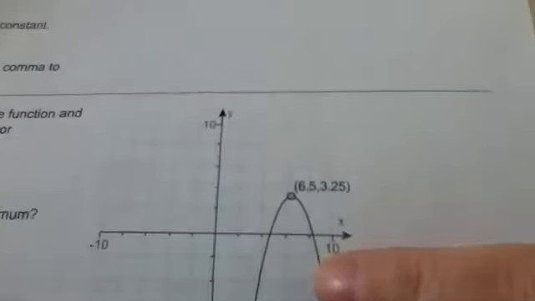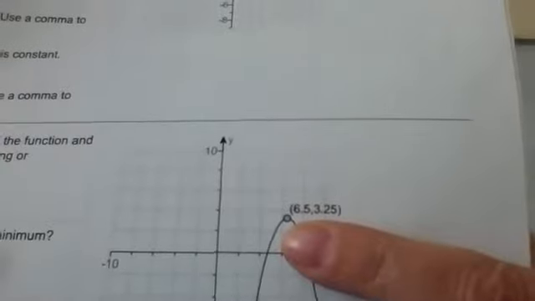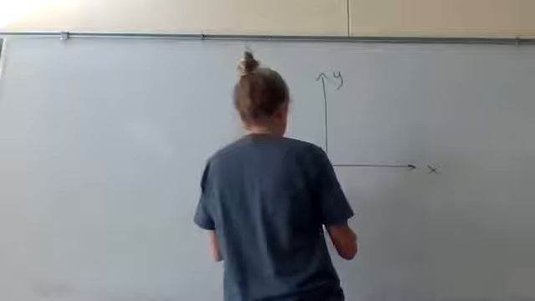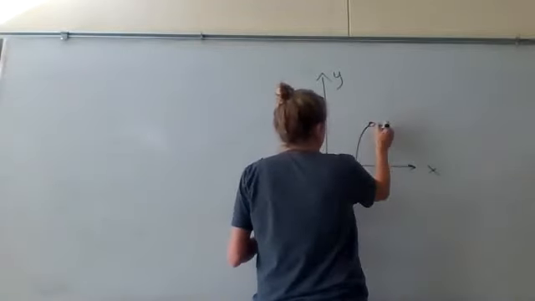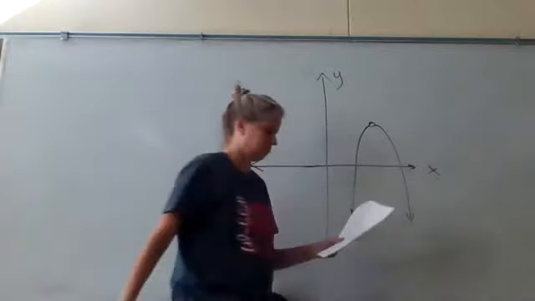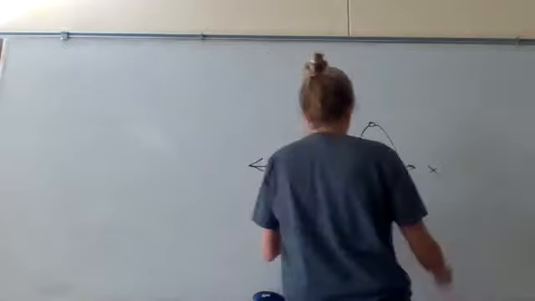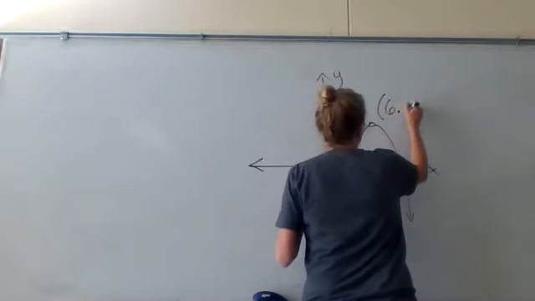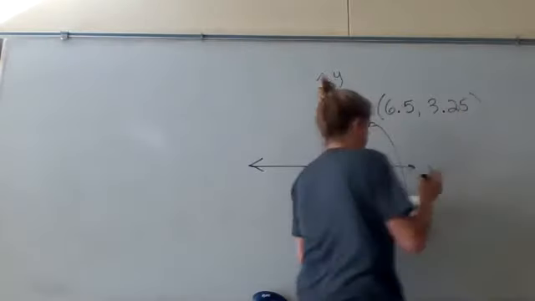The actual point that we need, it labels it right there. It tells me where that point is. So I'm just going to draw that upside down parabola and label it with its x and y coordinates, which are 6.5, 3.25.